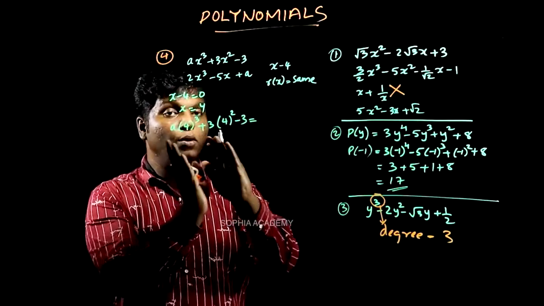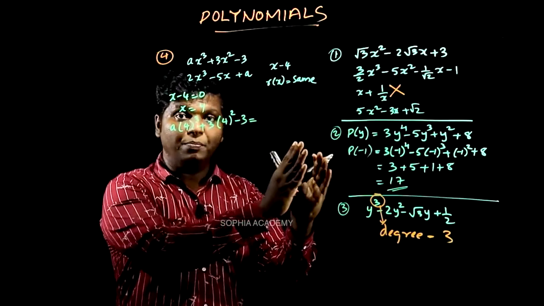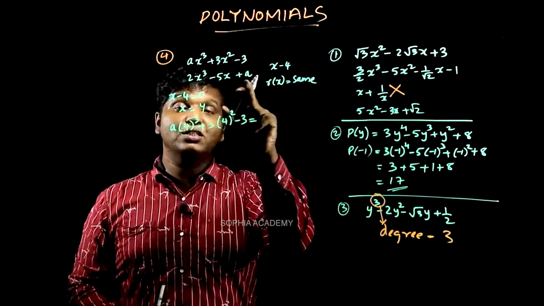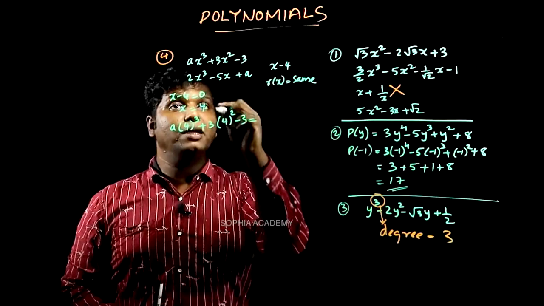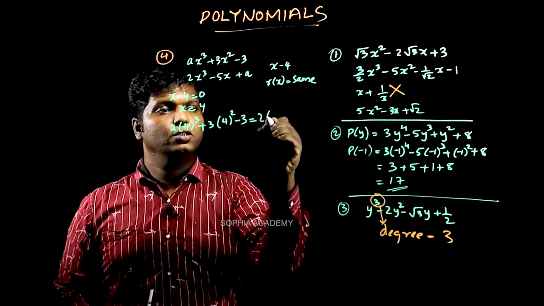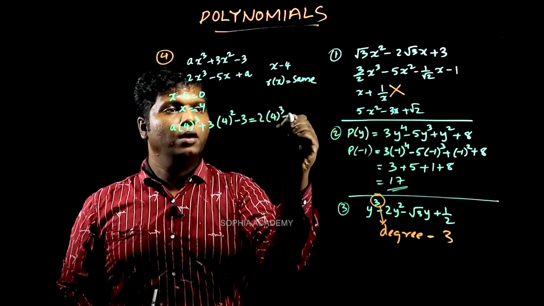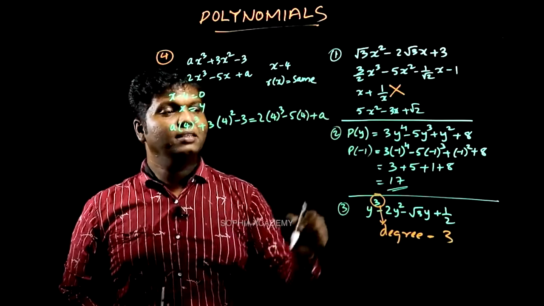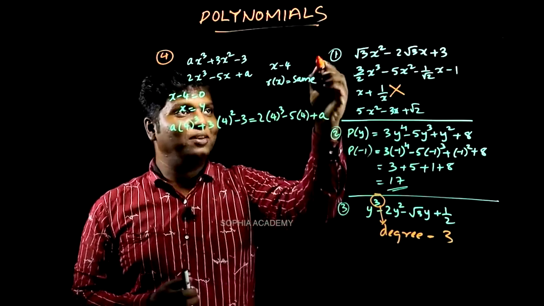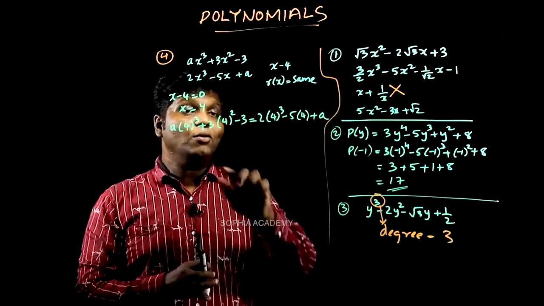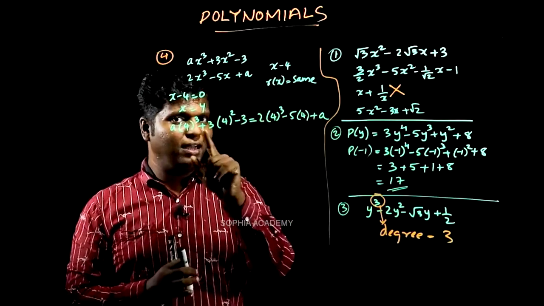But the question says this remainder is also equal to the other polynomial's remainder. Same thing: substitute 4 there. What you will get? 2 into 4 cube minus 5 into 4 plus a, right? This is the other one. Now we have to solve from this.